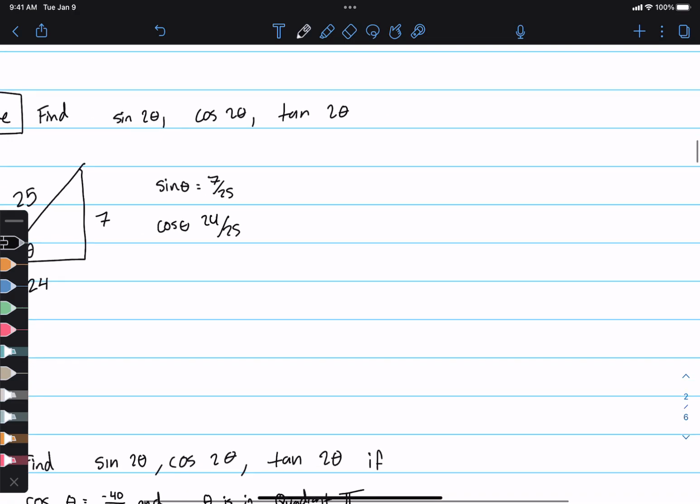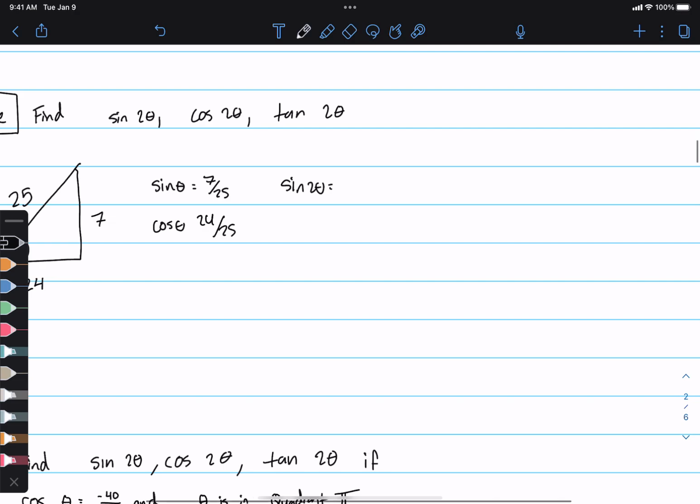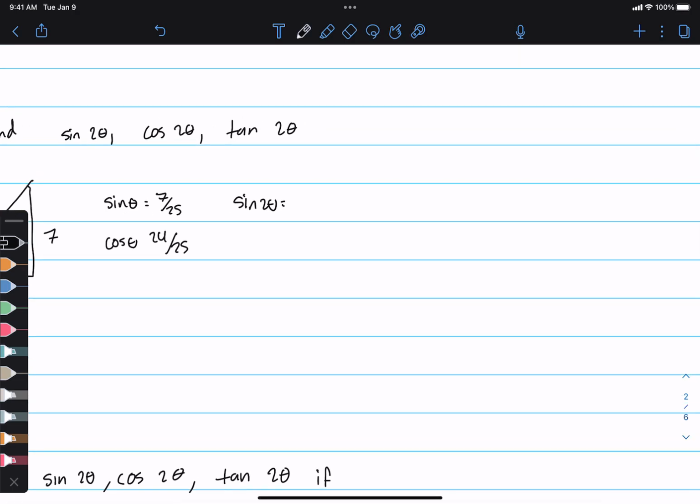And I'm just going to plug these into our formulas now. So we know that the sine of 2 theta is 2 sine theta cosine theta. And this is going to equal 2 times 7 over 25 times 24 over 25. And you're going to put that in your calculator because you're not going to do that manually.